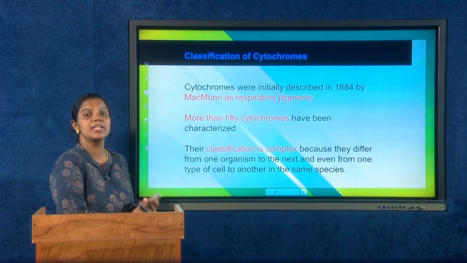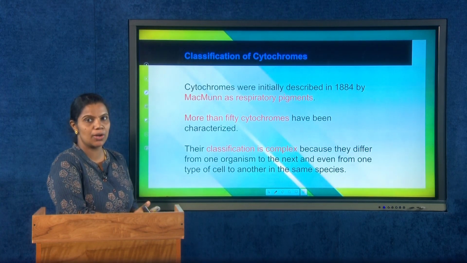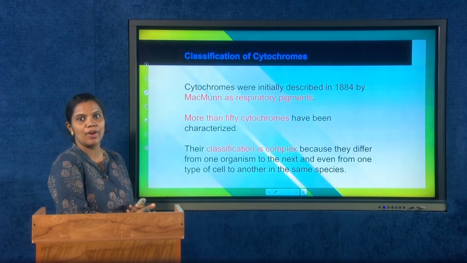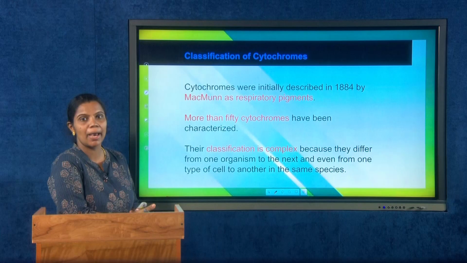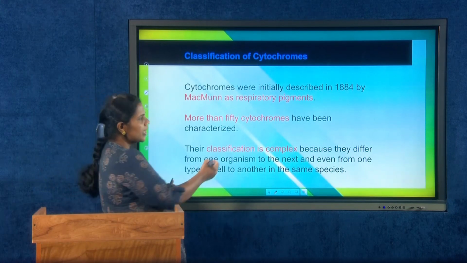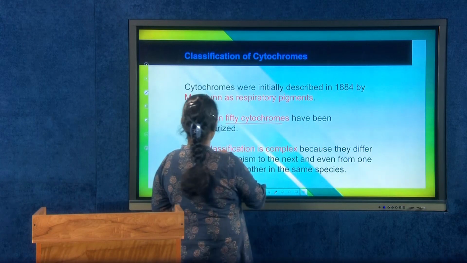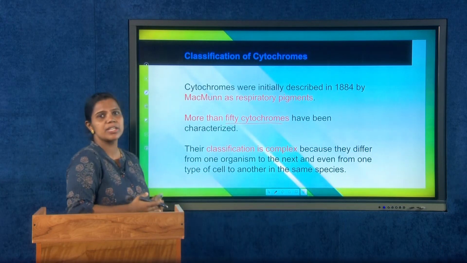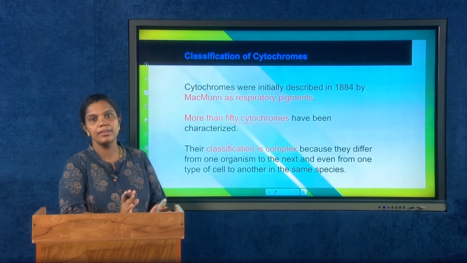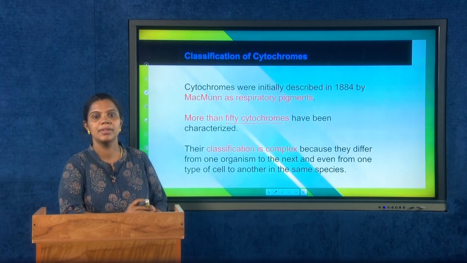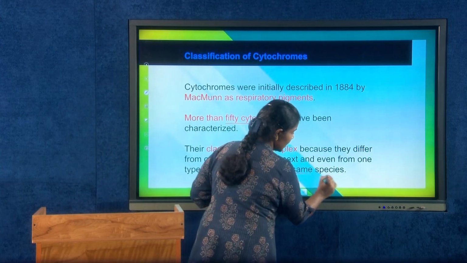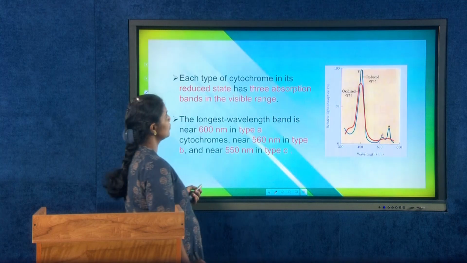Now we move on to the classification of cytochromes. It was first identified in 1884 by MacMunn as respiratory pigments. Almost 50 cytochromes are known and their classification is very complex because they differ from organism to organism, and it is quite different even within the same species itself.